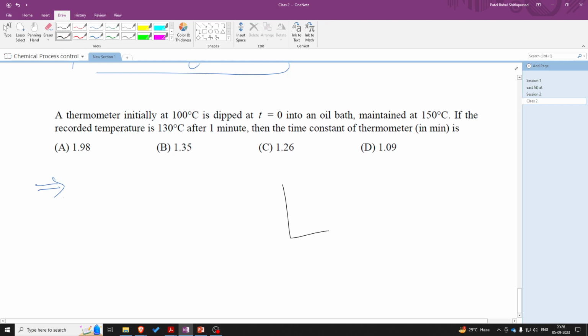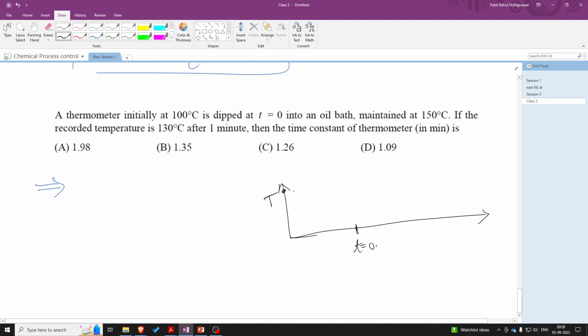So let's just make a plot of this system. So over here we are having t equal to 0. Then over here we are measuring the temperature. We have been given that a thermometer is initially at 100 degrees Celsius.